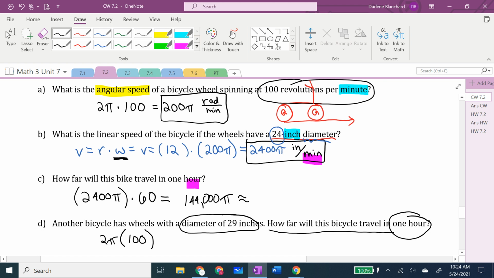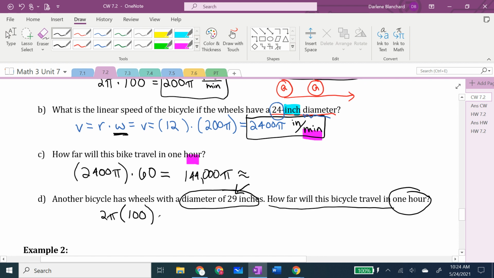And what is the radius of this circle? 29 halves. Now at this point, this is angular speed. This is now giving me my linear speed. And then linear speed times time will give me my actual distance. Speed times time is distance.